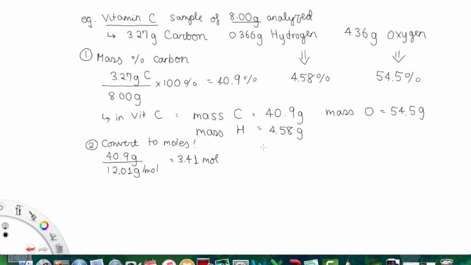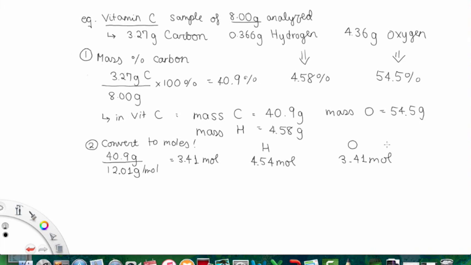If you do the same thing for hydrogen and oxygen, you end up with 4.54 moles for hydrogen, since its molar mass is approximately 1 gram per mole, and 3.41 moles for oxygen, since its molar mass is approximately 16 grams per mole.